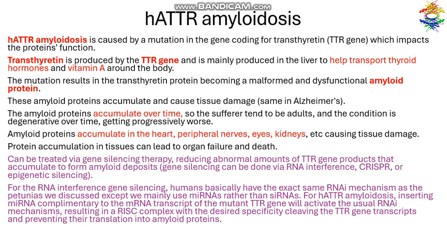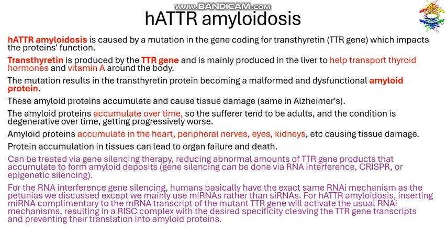MicroRNAs control around 30% of the genome, 10,000 genes, all the coding genes. There are only about 300 of them, I believe, complementary to specific sites. To treat it, we just introduce more of the microRNAs complementary to the TTR gene.